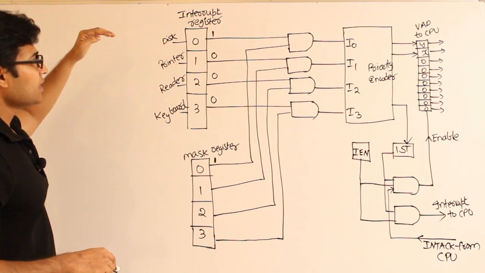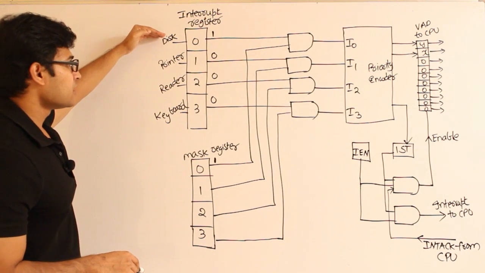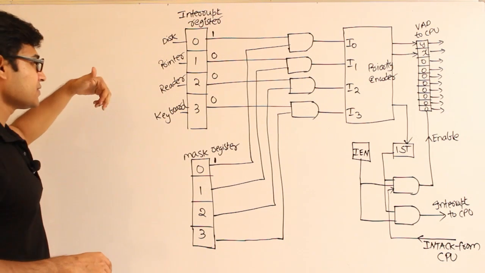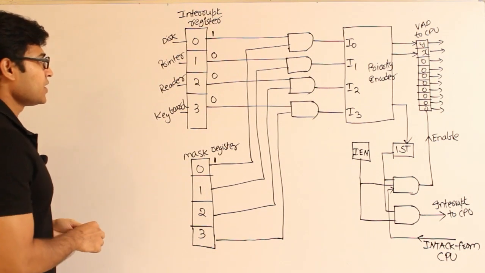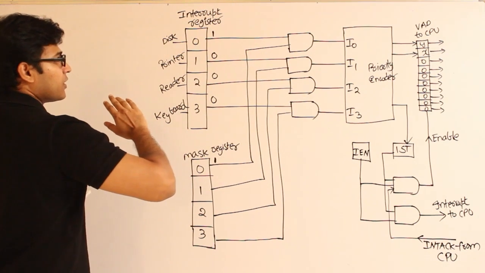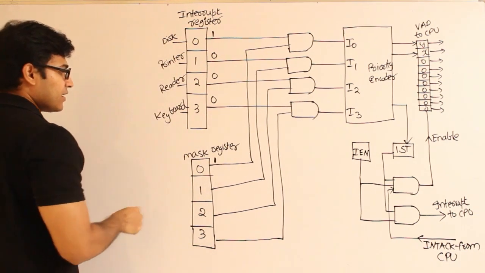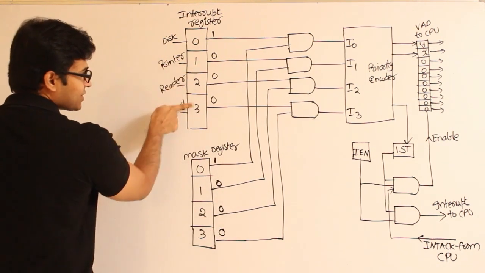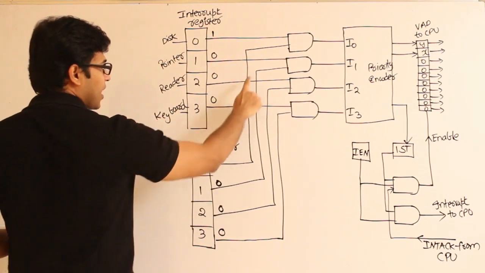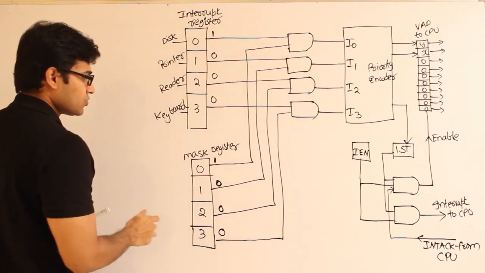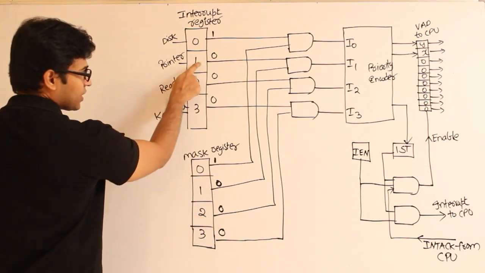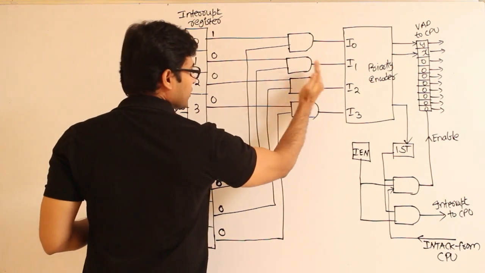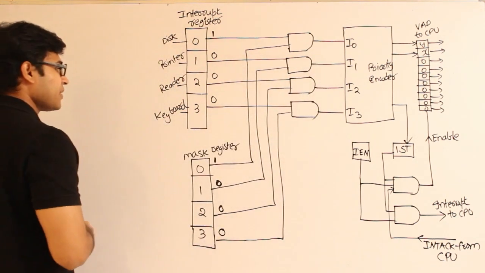When the interrupt raised by a higher priority device is being processed, we don't want other devices to create an interrupt. That is the reason whenever we are processing the interrupt given by the disk, we put all these bits as zeros. So even when any of these devices raise an interrupt, they will be masked out in the AND gate. Since these 3 bits are zeros, even if we get a 1 at any one of these places, the output of these gates will always be 0.